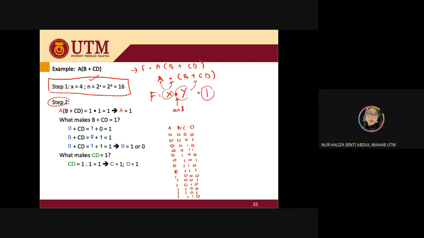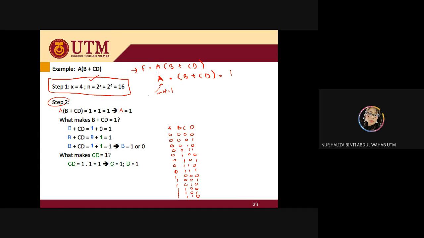Okay, from here, you can see if F wants to get 1, X must be 1. So what is your X? It is your A. So from your equation here, A must be 1 to get the possibility of your output to be 1.